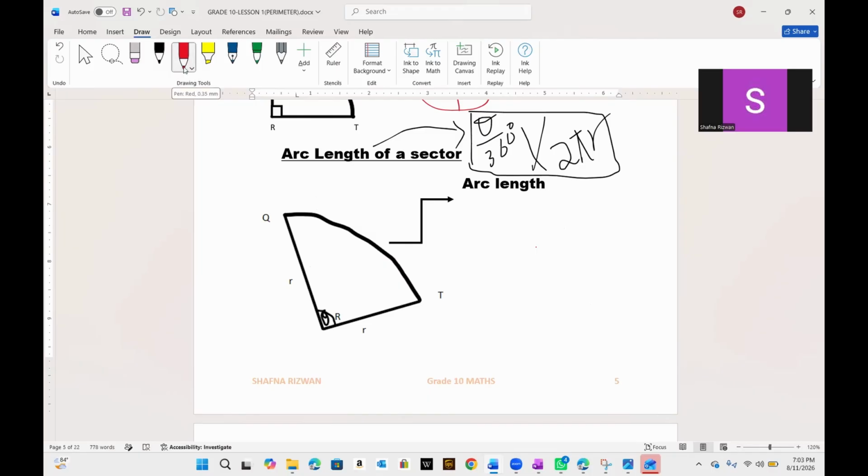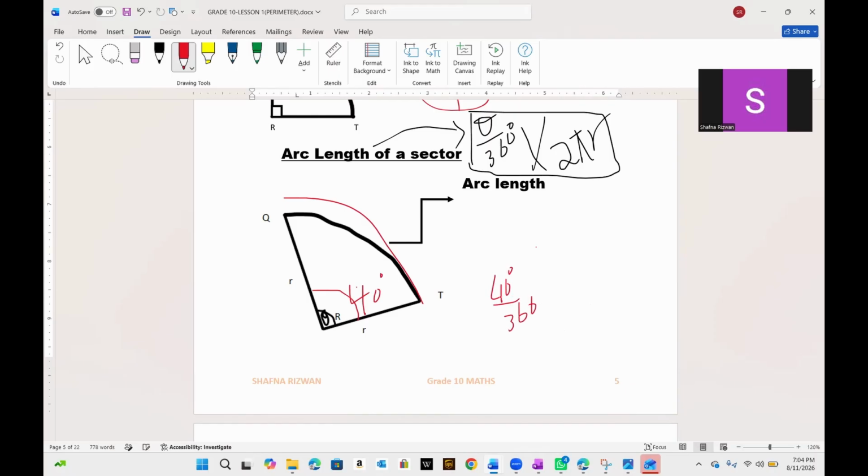Arc length means we are taking this arc, but from how much of the circle: is it 60 degrees, 75 degrees, 30 degrees, or 45 degrees? If I say 40 degrees, it is out of 360.